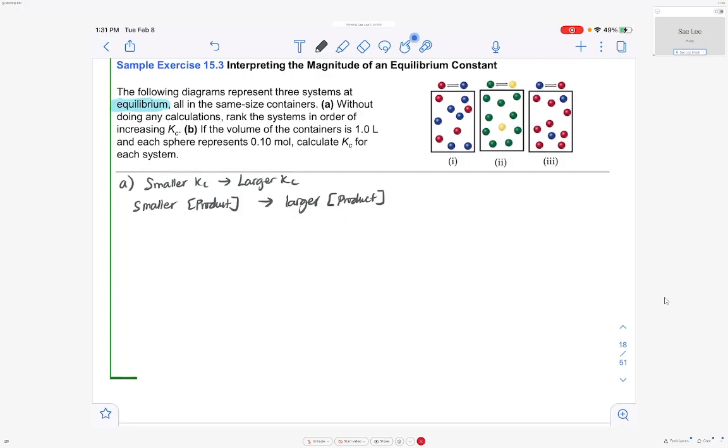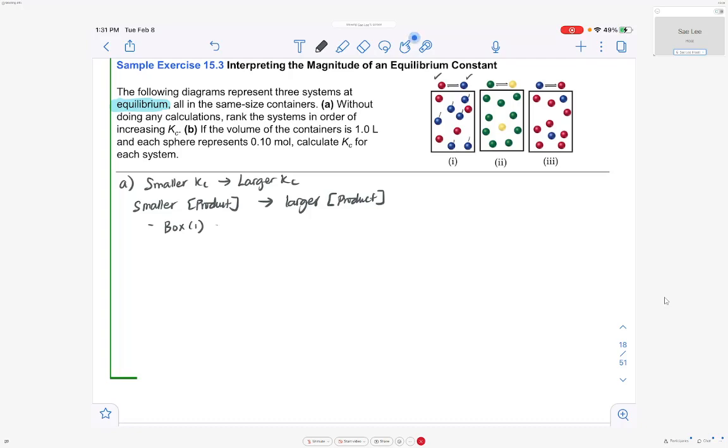Okay, so let's count the number of products in each box. Box 1 has 6 products. This is the product, and this is reactant. Box 1 has 1, 2, 3, 4, 5, 6 products.